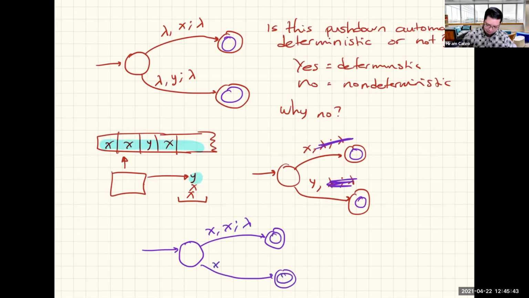And X, Y, lambda. So in this case, the input string is the same. So maybe we can think if this is non-deterministic. So I will ask you again.